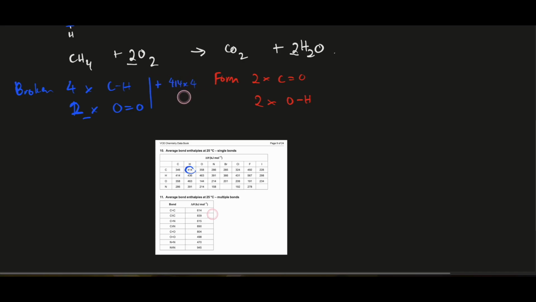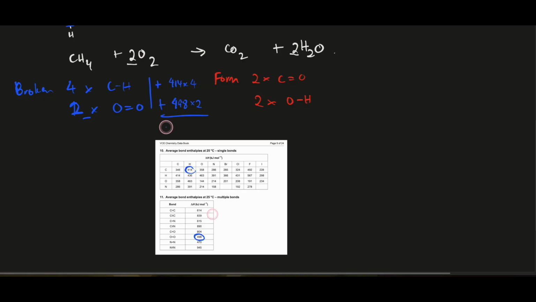Plus, we need to also add 2 of these O double bond O's, which is right here, 498 kilojoules. So we need to add 498 times 2.